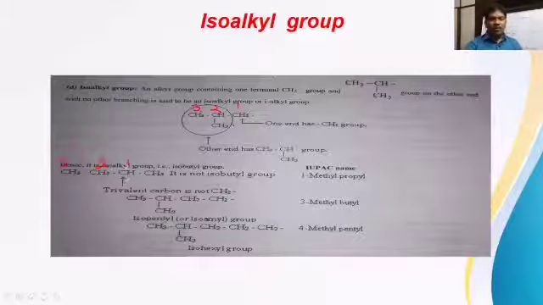The free-bonded carbon should be given the first position, then we have to select the longest continuous chain. If you start from here and go this side, a 2 carbon chain comes, but if you go left side, a 3 carbon chain comes. So we select the longest chain, and number 1 is allotted to this carbon, then 2 and 3.